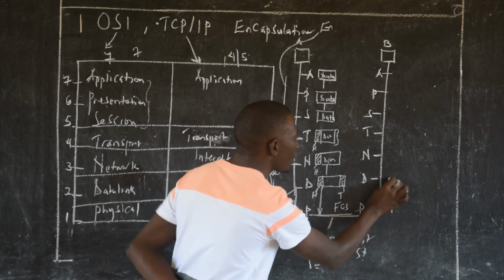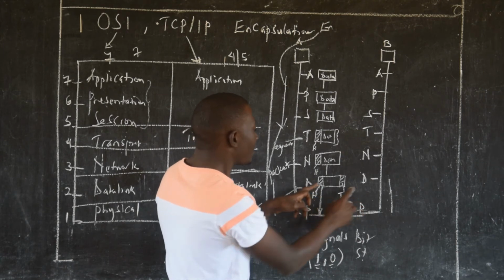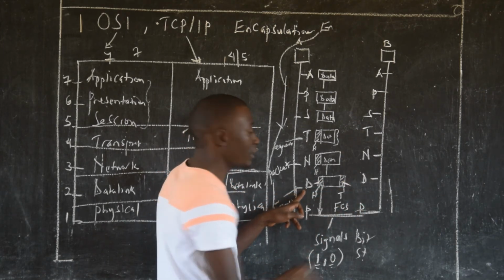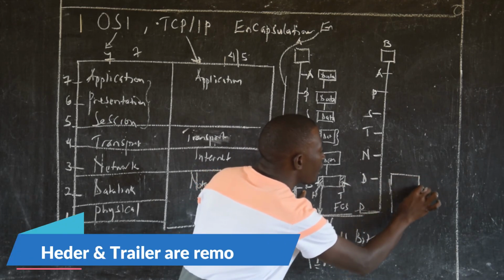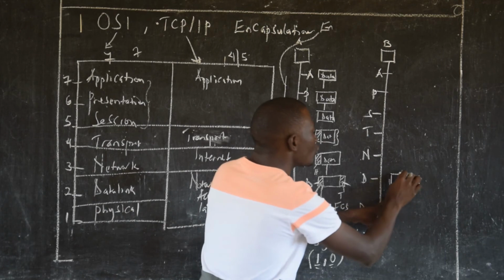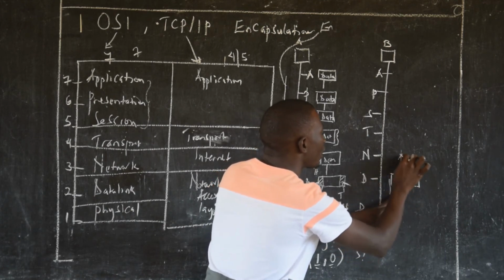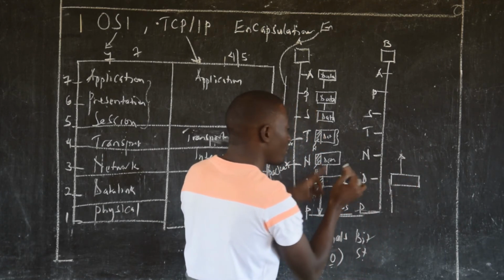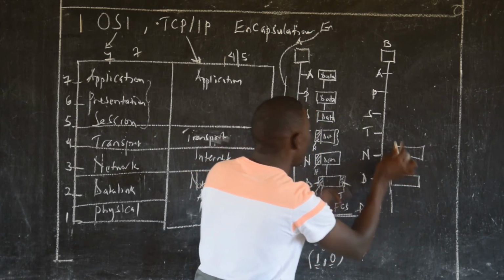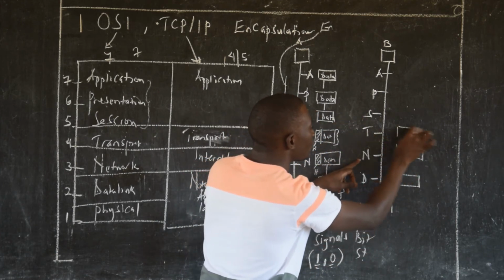Then when it comes to what we call the data link layer, they are going to remove the header and the trailer. Are we together? Then when it goes back to the network layer, they are also going to remove the header they put there.